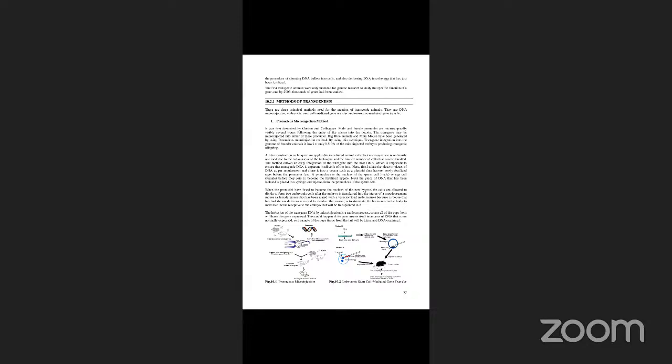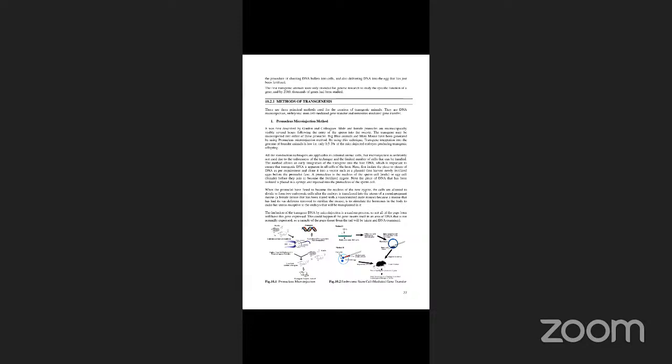Then electrofusion: we give small electric shocks so that small pores are formed, and we can introduce the DNA so that it passes through the cell wall into the cell. Then we use ice cold conditions, which closes the pores. Likewise, many techniques were developed.